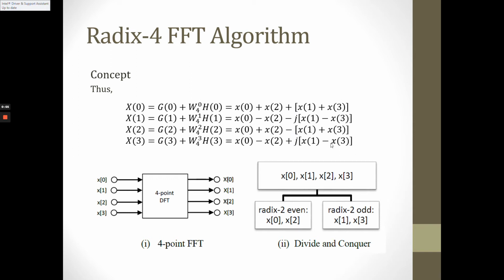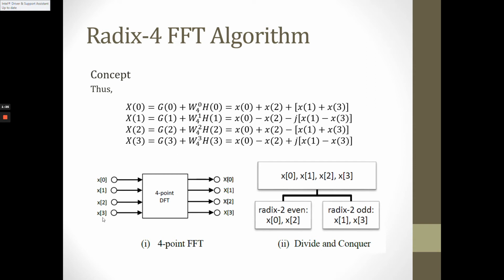This is based on the odd function hk, and this is based on the even function gk. So we have a 4-point DFT for xn, n equal to 0 until 3, and it produces xk from 0 until 3.